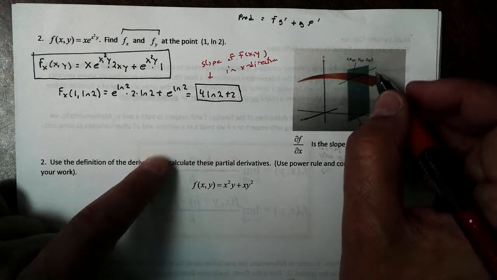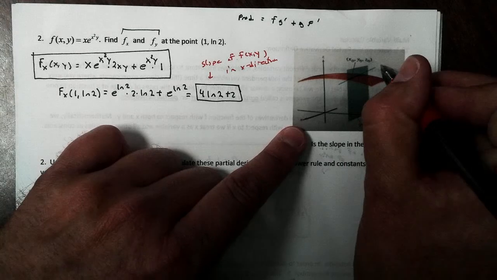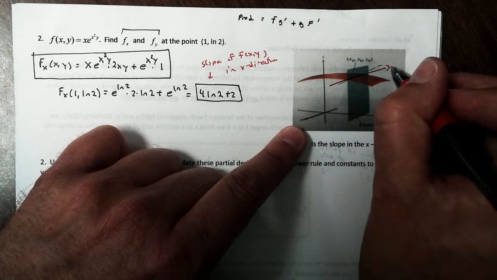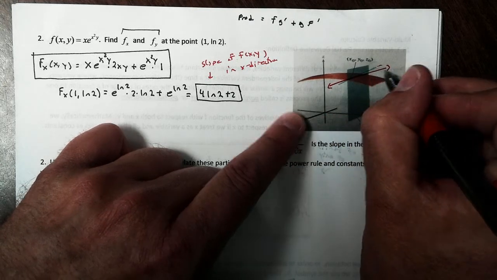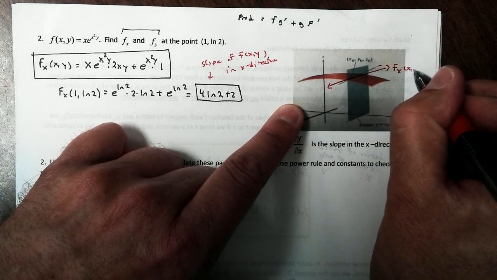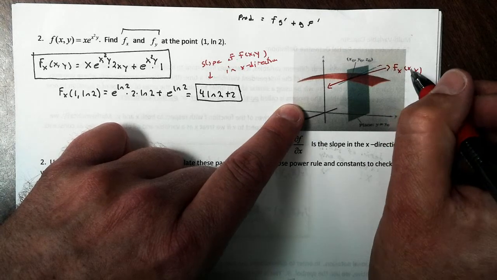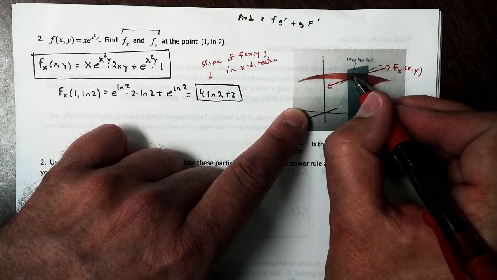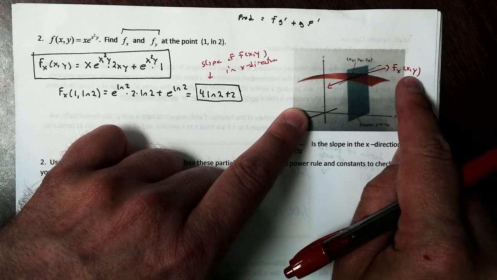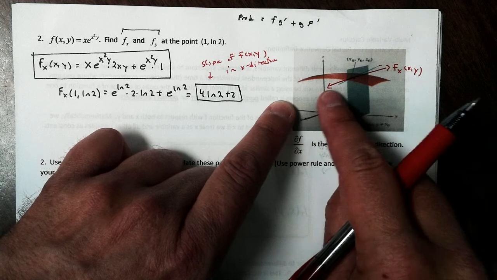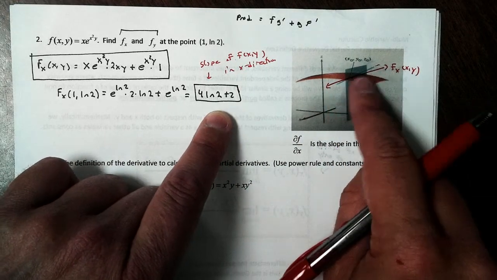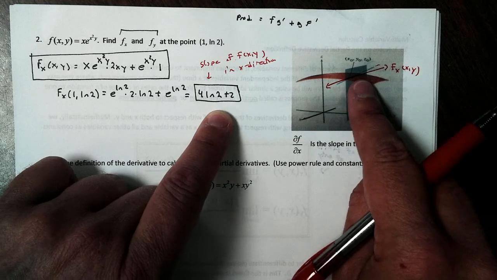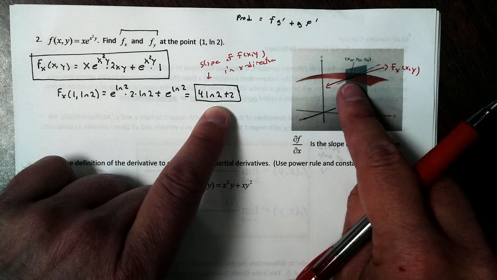This is in the same direction as x, this is our slope, f sub x of x, y. At that point, wherever that point is, this is giving us our slope at that point in the x direction. So this is telling us how our function is changing in the x direction at that point.